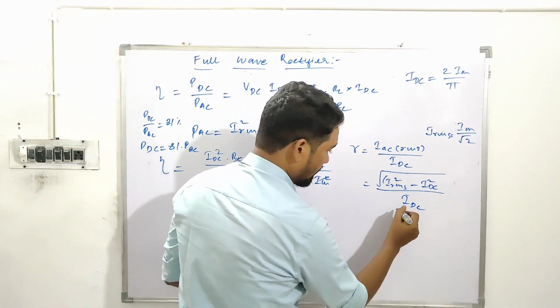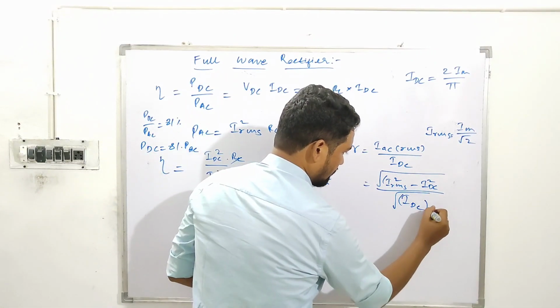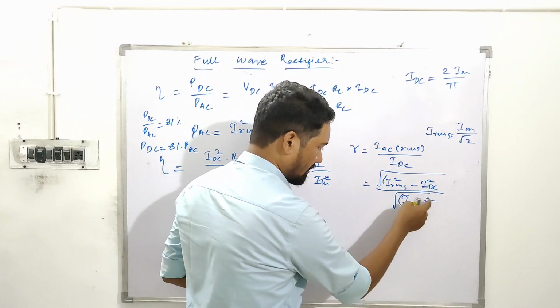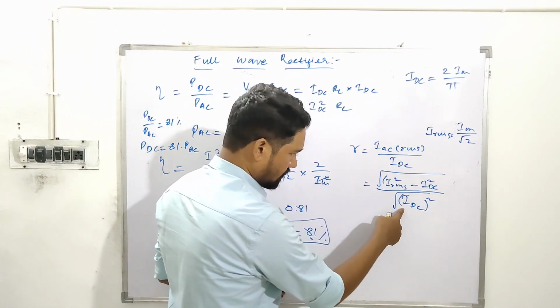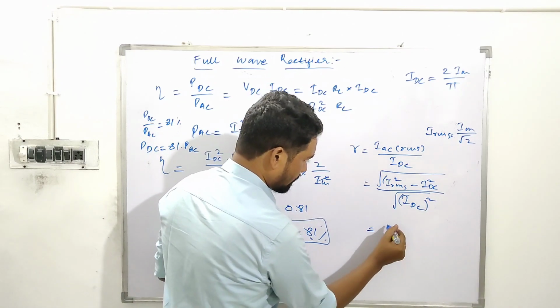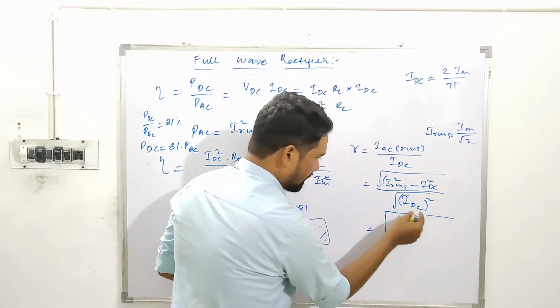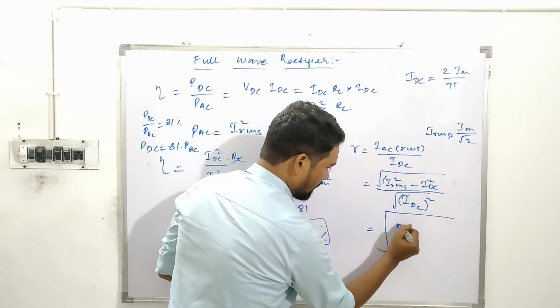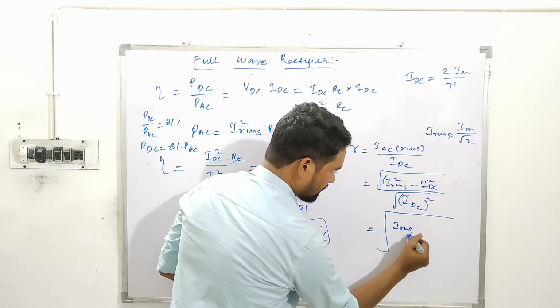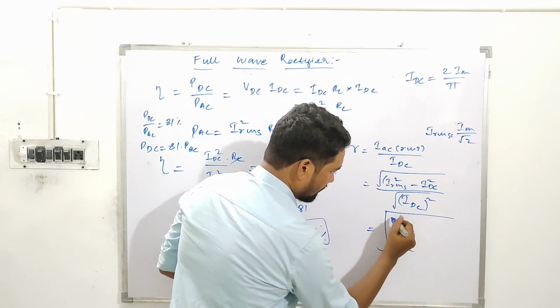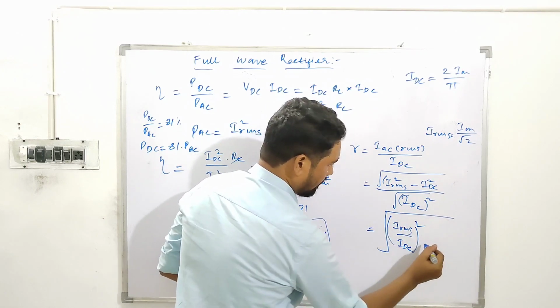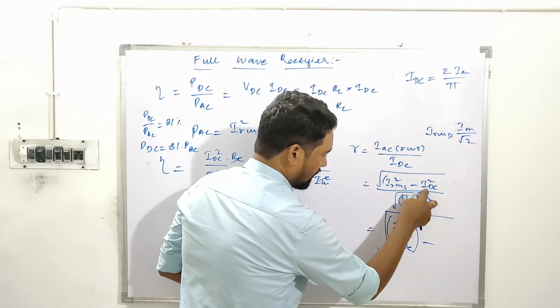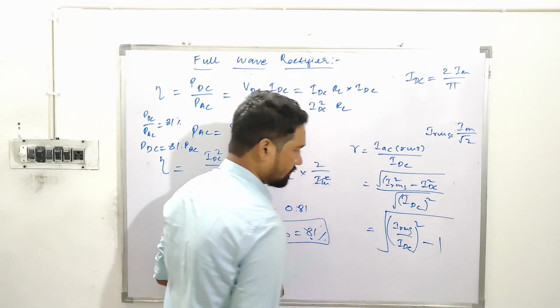Can this be written as this? Of course, that gets cancelled and we go back to this one. This term goes inside the root, so it's IRMS by IDC whole squared minus IDC squared by IDC squared, that will be 1.